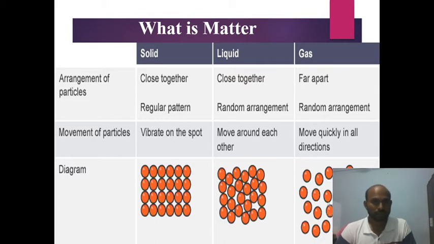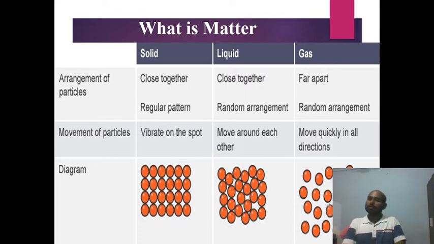We know that. Next, what is solid? In the solid, we look at the arrangement of particles, how it is formed. Next, movement of particles. Next, diagrams. In all 3 types we have to find these. The arrangement of particles in solid is very close together and in a regular pattern, a periodic arrangement of atoms.